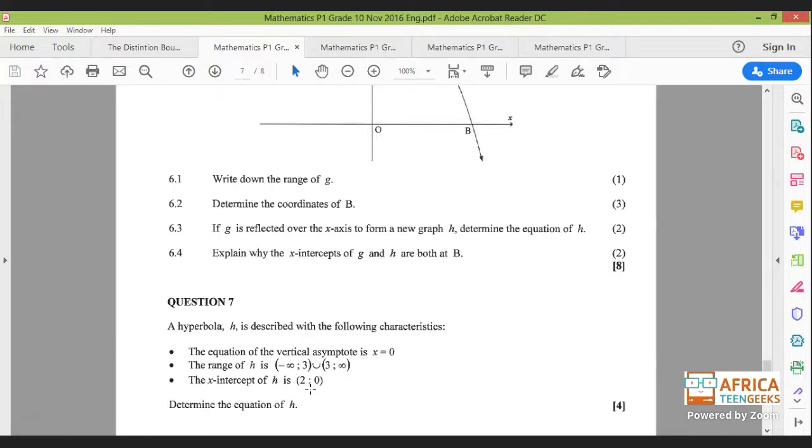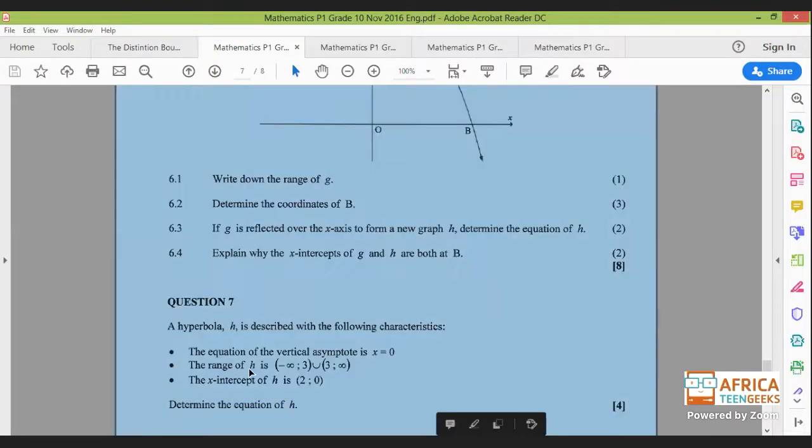The range, remember I spoke about the range, is negative infinity to 3 and 3 to infinity. The x-intercept of H is (2, 0). Determine the equation of H.